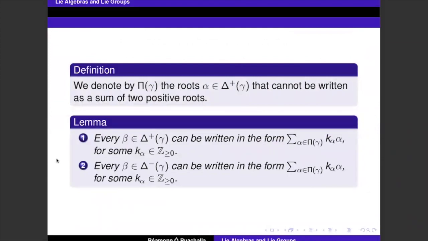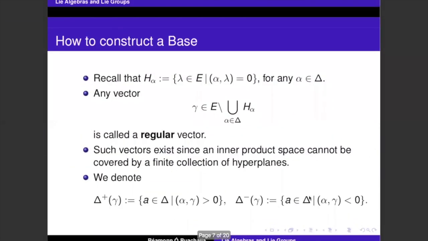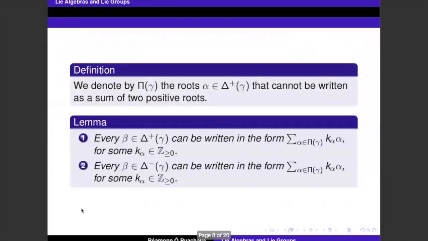So now we denote by pi of gamma, we're now going to construct something like simple roots with respect to this gamma. As you can see here, what we're going to do is use gamma to construct a base for a root system. And when we do, these will be the positive and negative roots associated to this base.